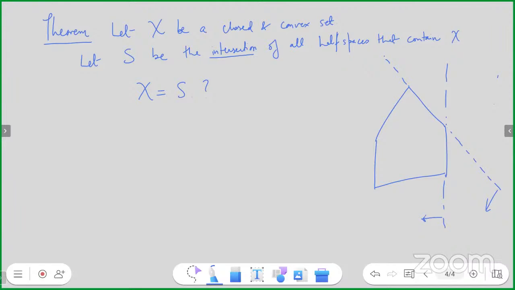It's pretty straightforward. Suppose there is an element in S that is not in chi. Then we can find a hyperplane that will strictly separate them. Okay, fine. Now what? Where is the punchline? You use that hyperplane itself.